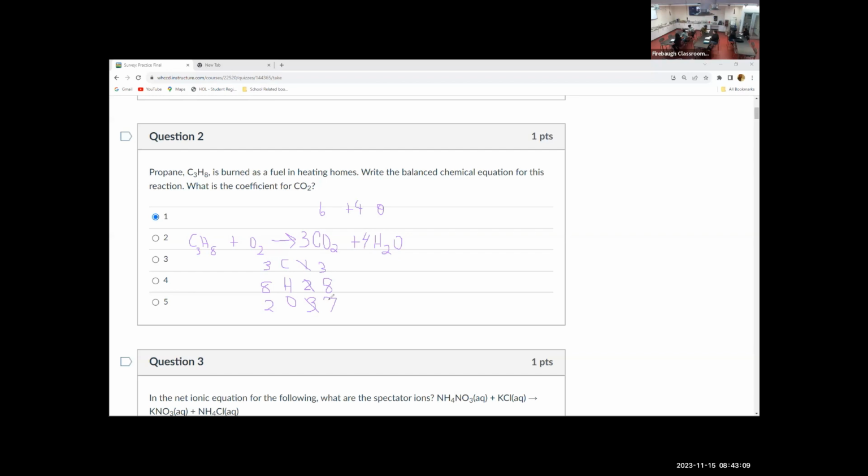So I have a total of 10. 5 here? Okay, so now we have a balanced chemical equation. So what is the coefficient in front of CO2? So that is the correct answer.